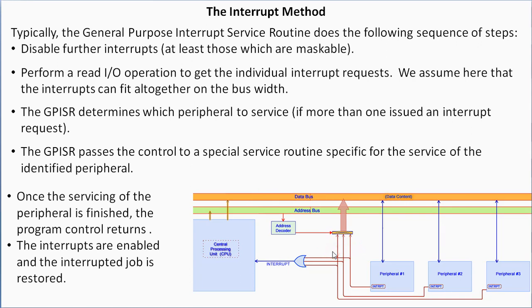If there is more than one signal that is active, which means that there are more than one peripherals requesting service, then it will have to prioritize. This priority is determined according to a priority scheme which the system programmers have programmed into the system. The general service routine passes the control to a special service routine which is specific for the service of the identified peripheral.